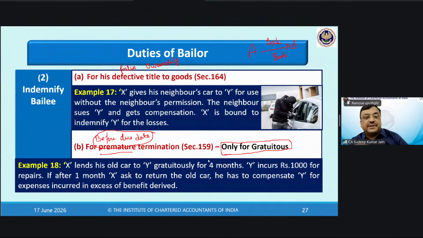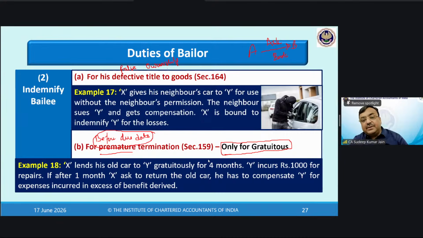See example number 18. X lends his old car to Y gratuitously for 4 months. Y incurs 1,000 for repair. If after 1 month X asks to return the old car, he has to compensate Y for expenses incurred in excess of the benefit derived.